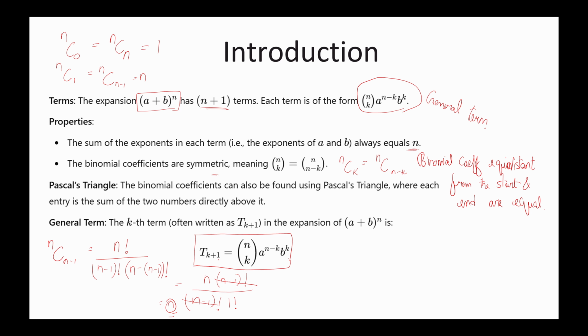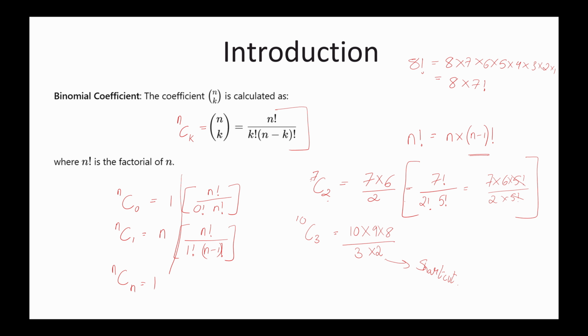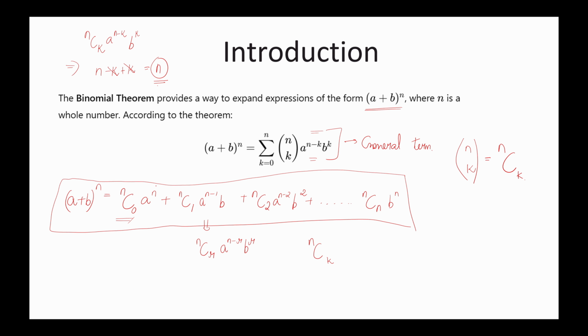Now this is k plus 1, so you must remember this thing. This is not the kth term, this is the k plus 1th term. So if you look here, this is my first term, this is my second term. If I was to find my second term, I take k to be 1, and from that equation I get nC1 a to the power n minus 1 b to the power 1.